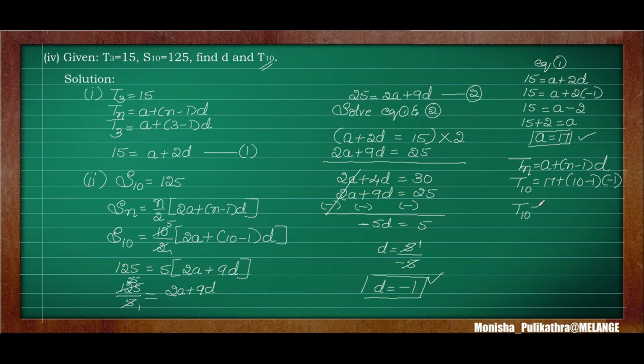So T10 is equal to 17 plus 10 minus 1 is 9, 9 into minus 1. T10 is equal to 17 plus into minus, write 9 as it is, 9 ones are 9. So T10, 17 minus 9 is 8. Okay, so the value for T10 is 8. Hope you understood this problem.